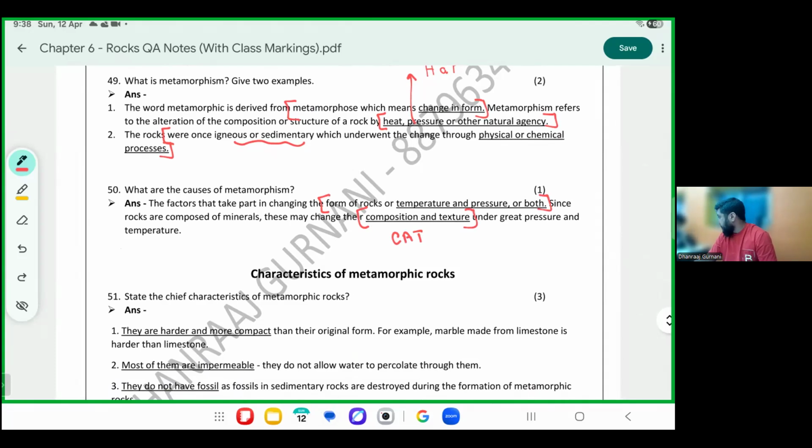Heat and pressure may change your composition or can change your texture. Texture looks from outside, right? Composition may be from inside. Heat and pressure can act from inside or from outside. So HAP has an effect on CAT.